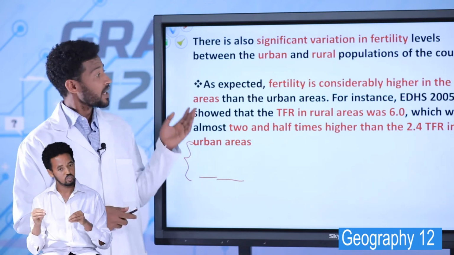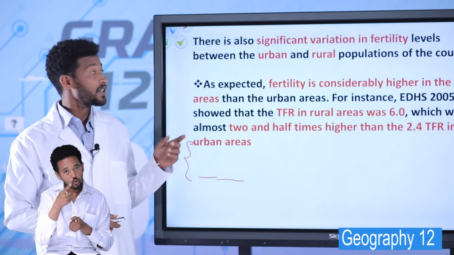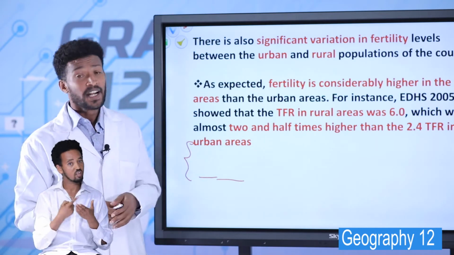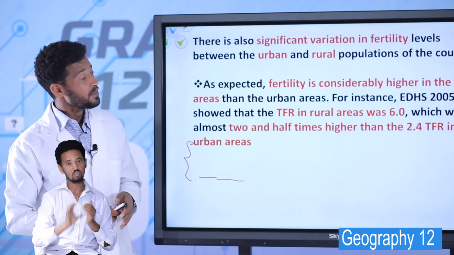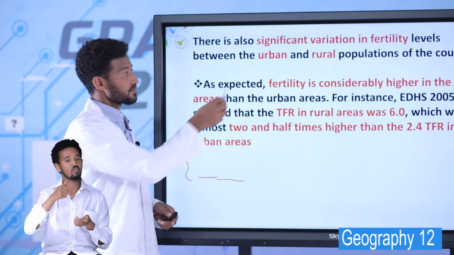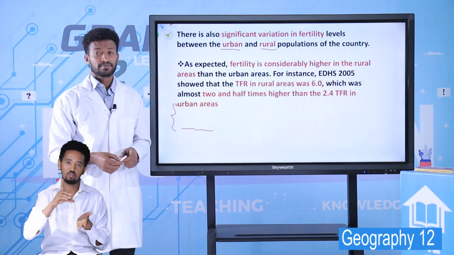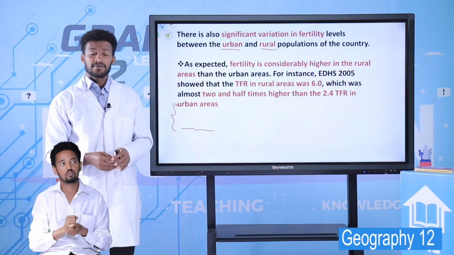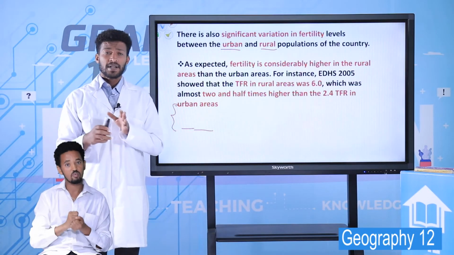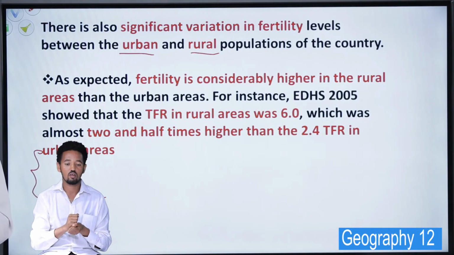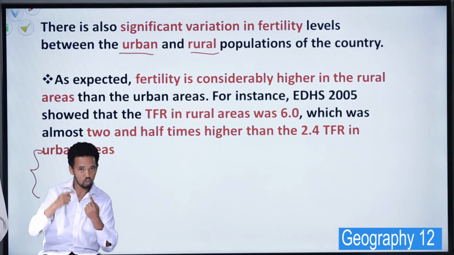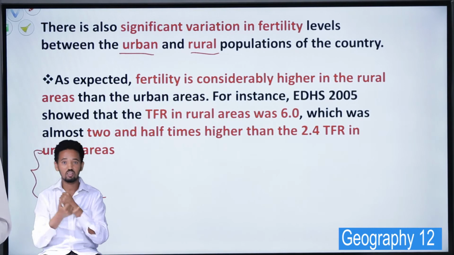Students, if we look at other differences, there is also significant variation of fertility level between urban and rural areas in Ethiopia. Fertility can vary from urban to rural, from region to region, and from country to country in the world.